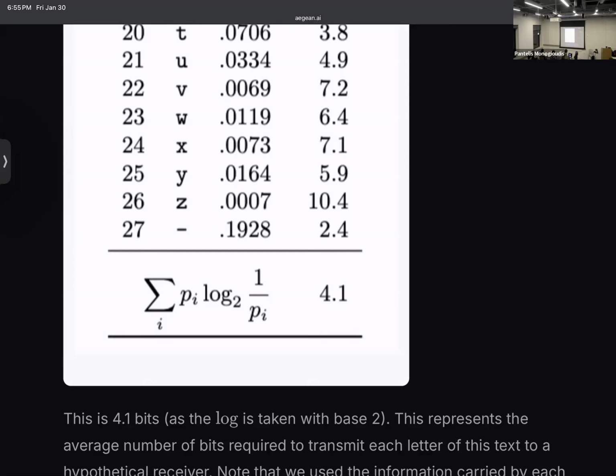It is 27 discrete events that potentially happen. So what I'm going to do is every event commands this value, right? This is a formula for value of information. And it's weighted by the probability of meeting that event, P_r. So as you can see here is an expectation, an average quantity. So on average, I'm going to be paying 4.1 bits to be able to receive events out of that distribution.